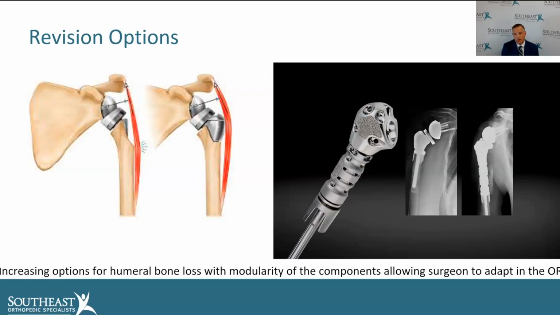The deltoid wrap, as we call it, over that bone, tends to be very important. So we actually have implants that replicate that now. As we get increasing bone loss in the humerus, we have options that are ways to replace that bone. These are modular implants and allow the surgeon in the OR to build up his implant to whatever he needs it to fit and account for that significant bone loss.